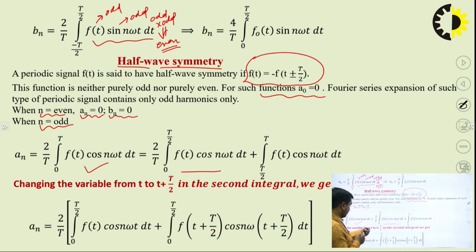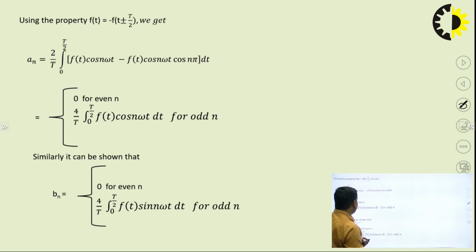Changing the variable from t to t plus T by 2 in the second integral, we will get the value of a_n as this one: 2 upon T, integral from 0 to T by 2 of f(t) cos n omega t, plus integral from 0 to T by 2 of f(t plus T by 2) cos n omega (t plus T by 2), as we have changed the integration limits.